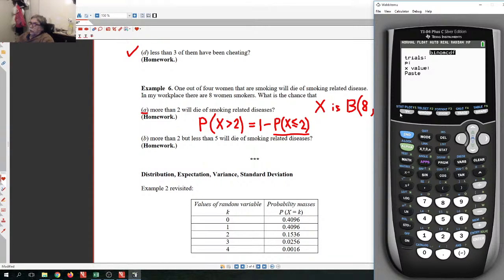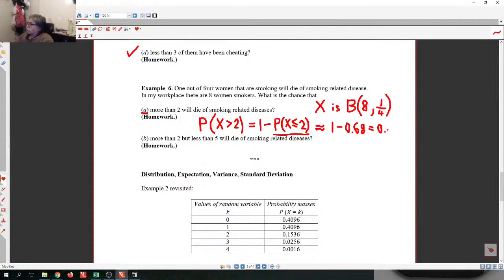You just have to put in again the number of trials: I have 8 ladies, 8 trials. What's the probability of success on any given trial? 1 out of 4. What is the X value? That means no more than 2. Now, once you paste that, this is not probability density function. This is going to be the accumulation of all of the masses up to 2, including 2. 32%.